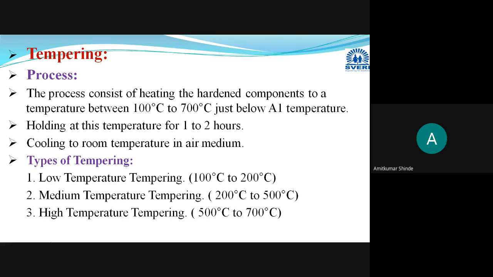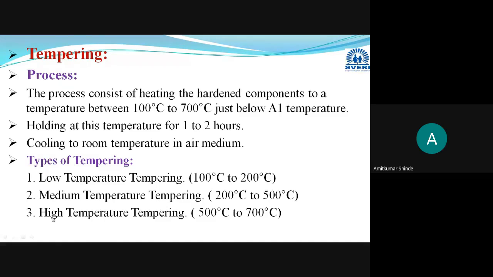Due to that, it reduces the hardness and the material becomes more ductile. Okay, all three purposes will be achieved in this medium temperature tempering. Retained austenite will get eliminated, internal stresses also get eliminated, and hardness will get reduced due to transformation of martensite to the ferrite plus cementite mixture. This is the medium temperature tempering.